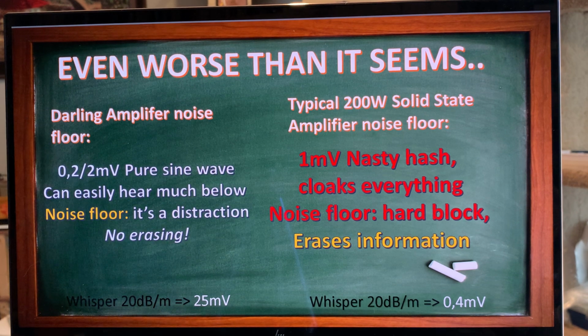In the case of tube amplifiers without feedback, especially, the noise floor is almost a pure sine wave, a single frequency. It's always defined by the frequency of your power supply, which depends on your line voltage.